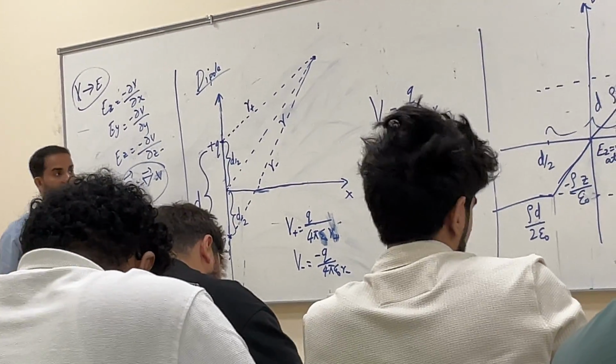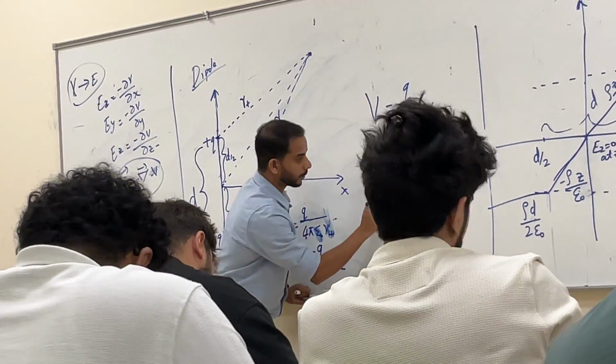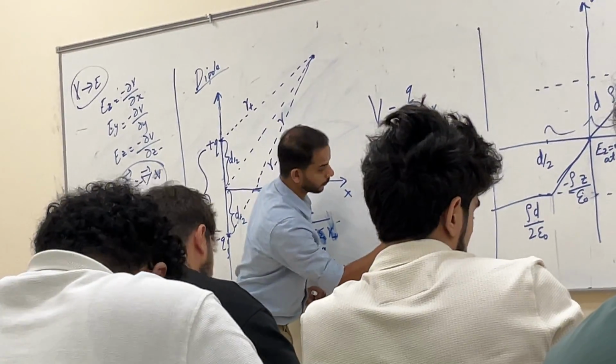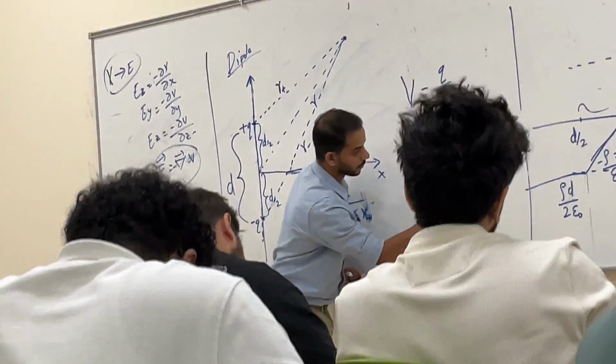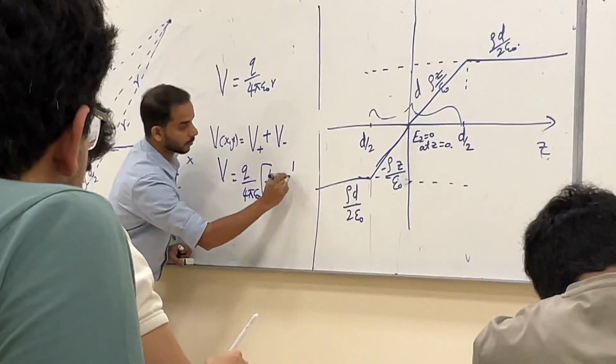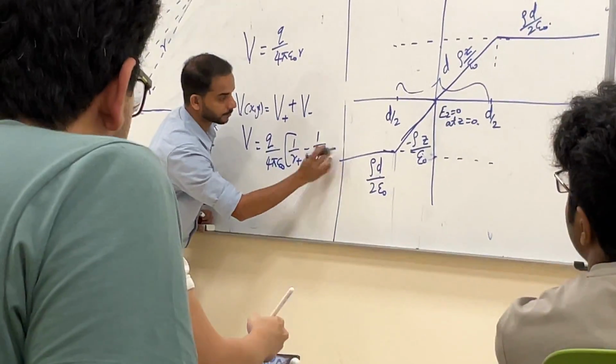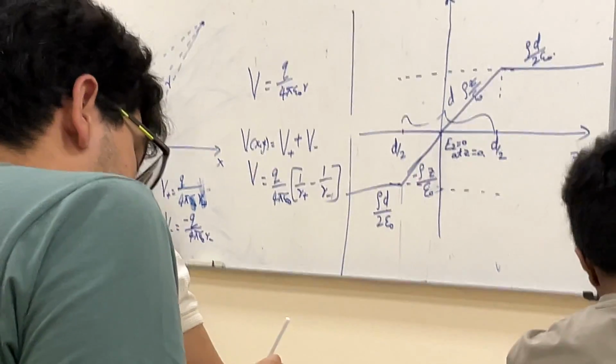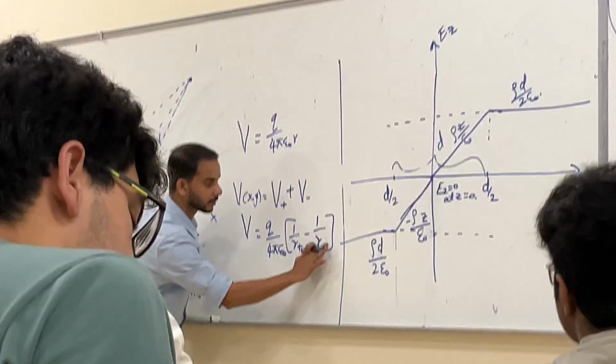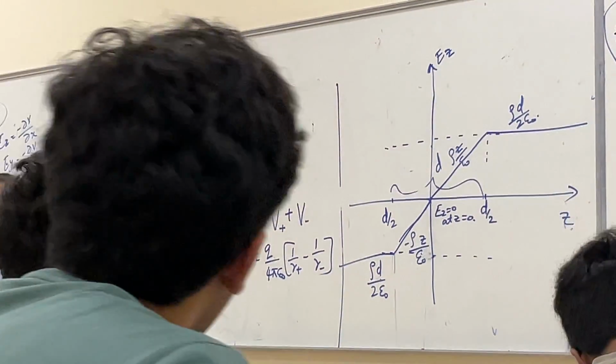Now, what is my total potential? Q over 4 pi epsilon 0 times 1 over R plus minus 1 over R minus, taking the common terms. So if you find R plus and R minus, you can solve it.